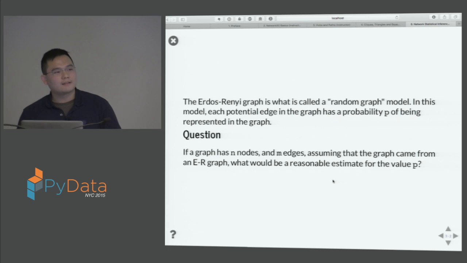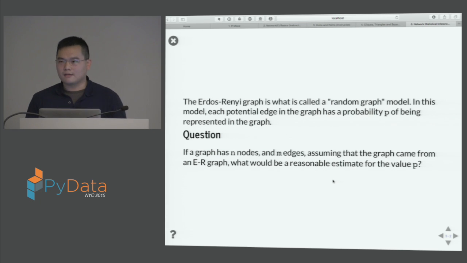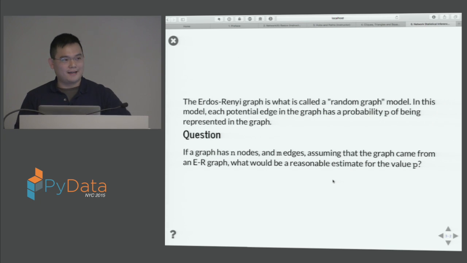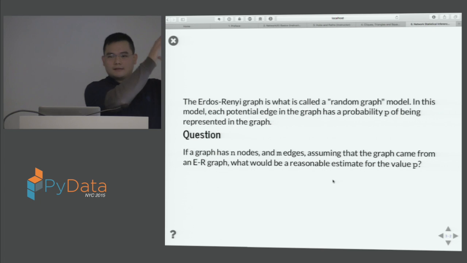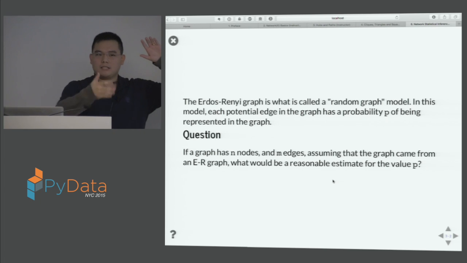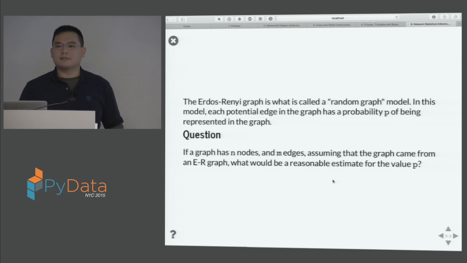Okay, so I'm not going to give an answer just yet, because this is all about statistical inference. You have your measure of p hat. So what I want you to try to do is to take a stab and guess what you think would be p hat, and write down your estimate for the value of p. Like I was saying, I've given you the procedure for generating an ER graph.